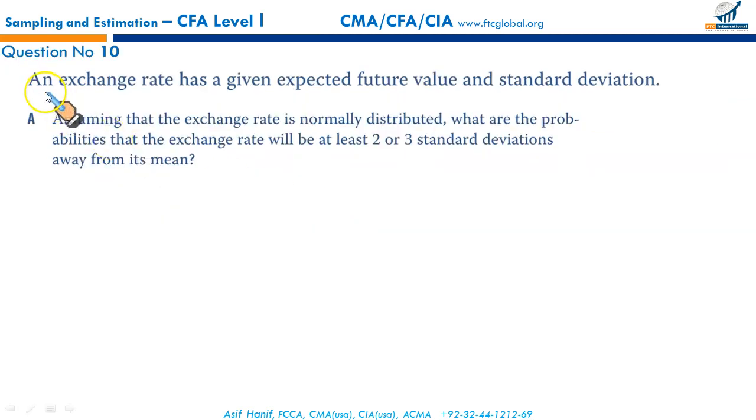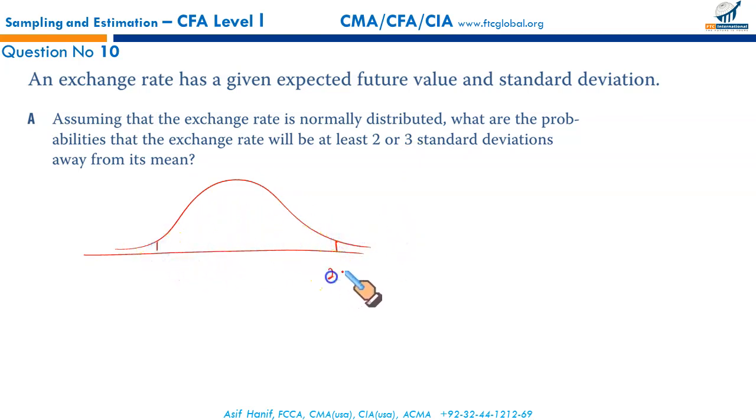Alright, the next question is, an exchange rate has a given expected future value and a standard deviation. Assuming that the exchange rate is normally distributed, what are the probabilities that the exchange rate will be at least 2 or 3 standard deviations away from the mean? First, 2 standard deviations away from the mean.